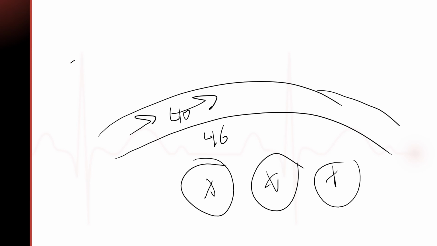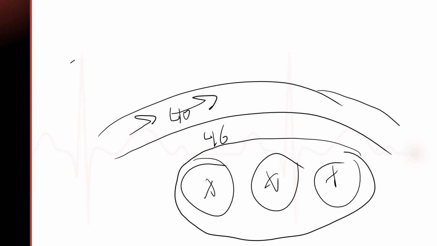The partial pressure of carbon dioxide within the interstitial fluid around the muscle cells, or whatever tissue this is in the human body, is about 46 millimeters of mercury. The oxygenated blood in the systemic capillary going past this tissue has a partial pressure of carbon dioxide within its blood plasma of 40 millimeters of mercury.